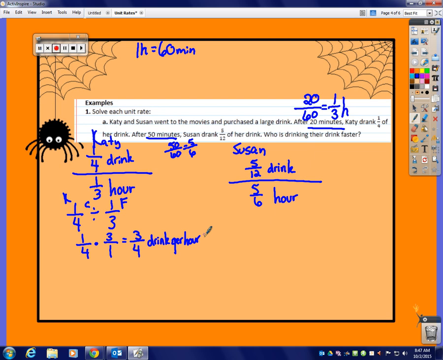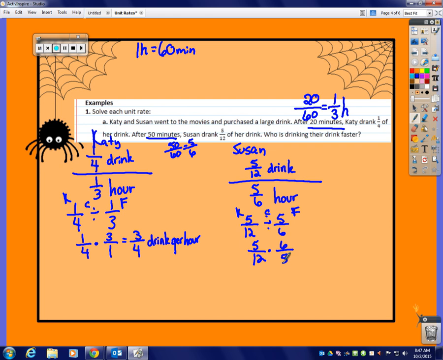Now let's see what Susan did. So Susan did 5/12 goes on the left, 5/6 goes on the right. Remember, our strategy is keep it, flip it, change it. 5/12 flip, 6/5.